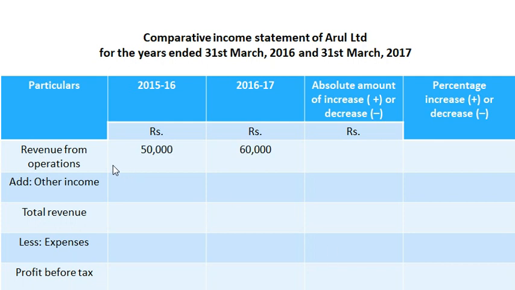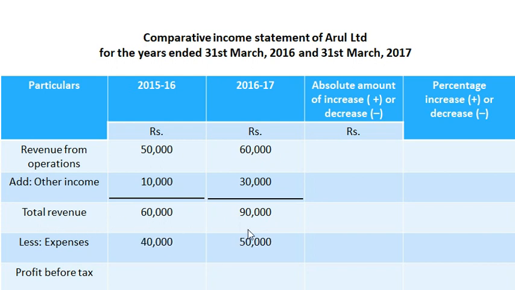The amounts for revenue from operations are 50,000 for 2016 and 60,000 for 2017. And the amounts of other income are Rs 10,000 for 2016 and 30,000 for 2017. If we add 50,000 with 10,000, it gives Rs 60,000. If we add 60,000 with 30,000, it gives Rs 90,000. So the added amount becomes total revenue.